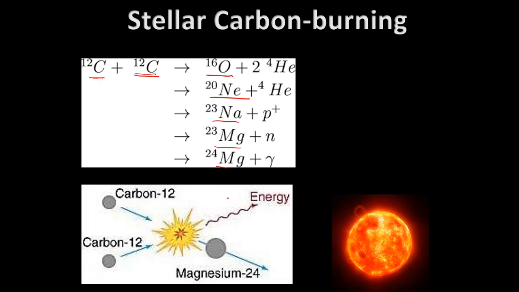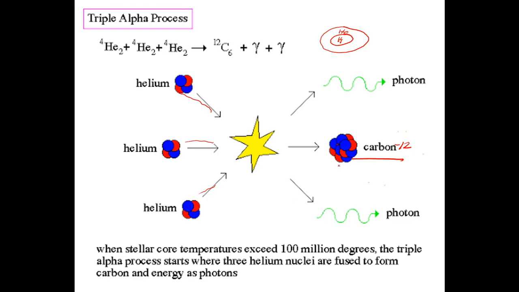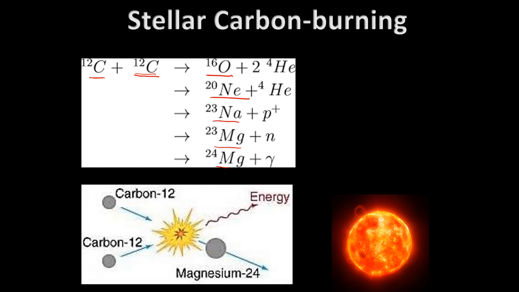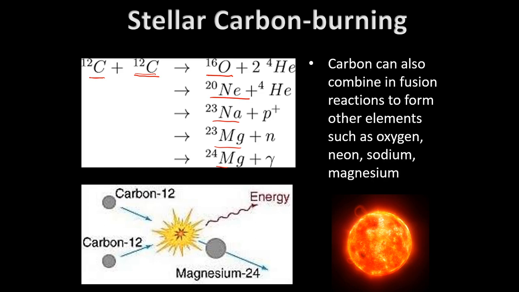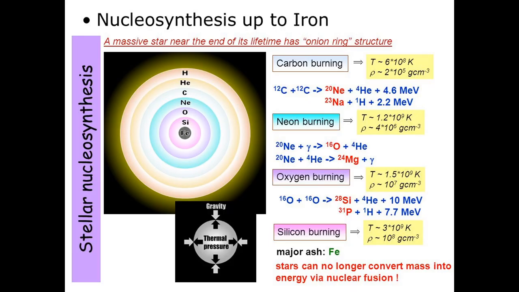Okay, so the production of carbon makes a gateway for a lot of different other elements to be created in these kind of subsequent shells. So after the helium burning shell, then there's going to be on the outside a carbon burning shell. Okay, so you're going to be burning carbon in there, and then even subsequently heavier and heavier elements are going to be created in other shells as you move away from the core where helium burning is taking place. So carbon can combine in fusion reactions to form other elements such as oxygen, neon, sodium, magnesium, etc.